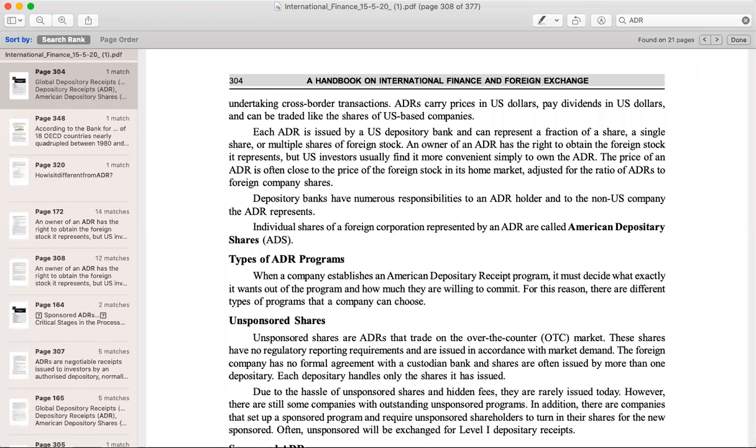What are the different types of ADR? I basically have two types. I'll just make an annotation here, kindly note. Two types of ADRs.